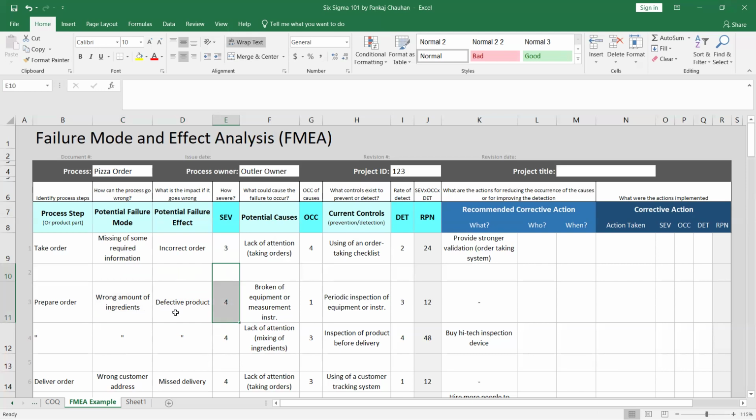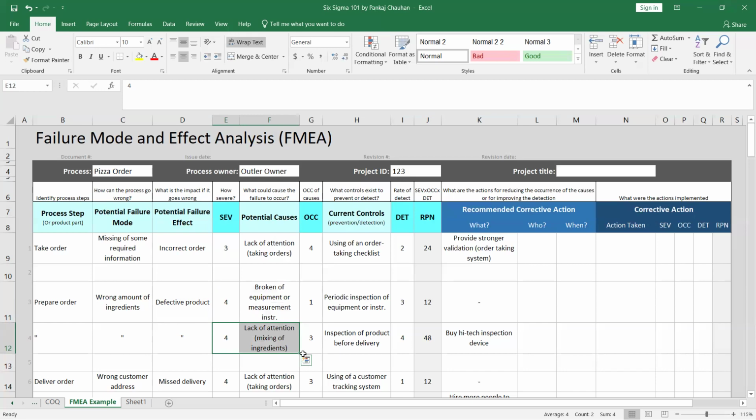Now, the reason is why the pizza is defective. Maybe you will do brainstorming and why analysis and identify the potential reasons. Maybe broken equipment, measurement instrumentation malfunctioning, is one. The second reason is probably lack of attention when you are mixing the ingredients.